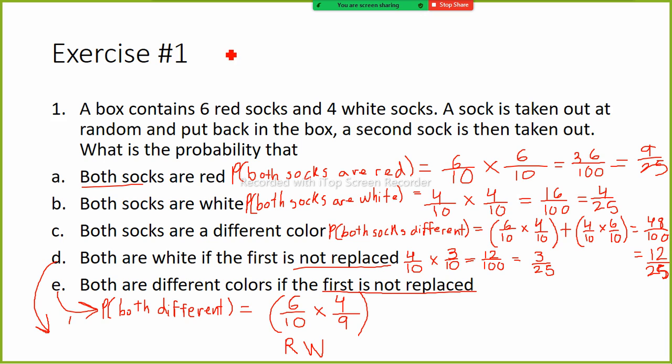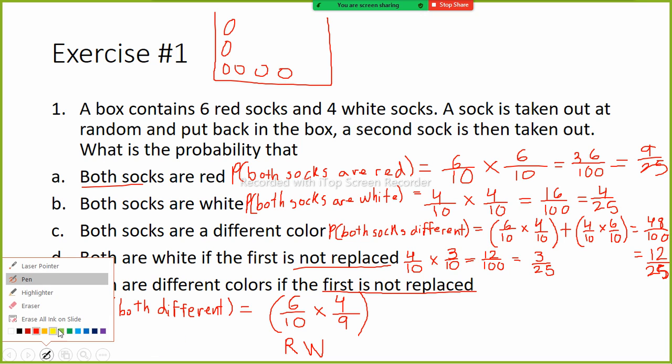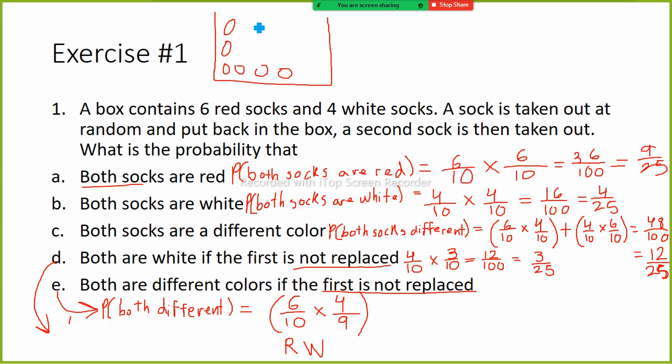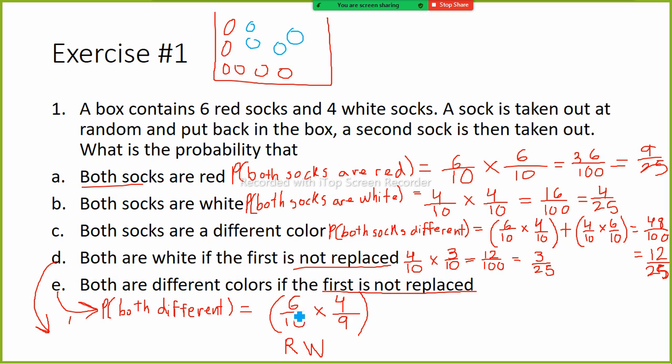Alright. Remember, let's look back at our box. We had 6 red: 1, 2, 3, 4, 5, 6, and 4 white. I can't use white because you wouldn't see white, but I'm gonna use blue: 1, 2, 3, and 4. Good. Remember, for 6 out of 10, you already took out that red one.